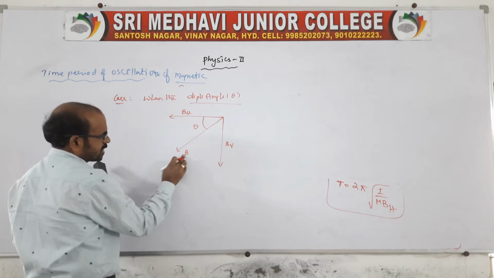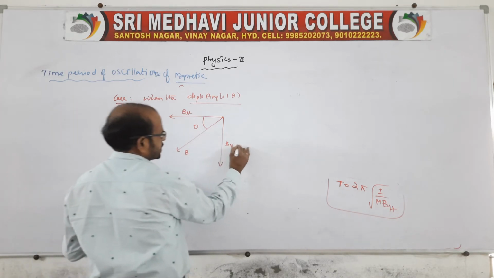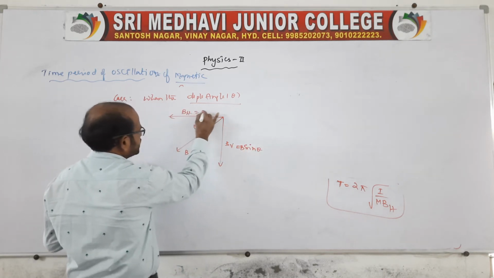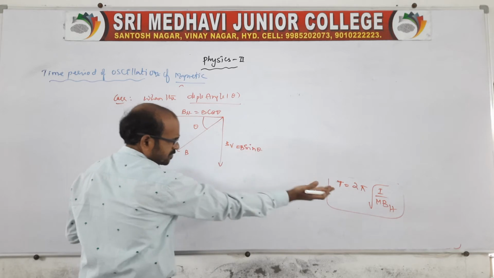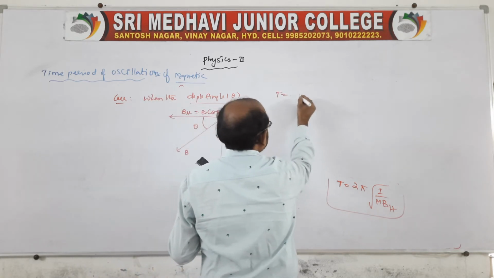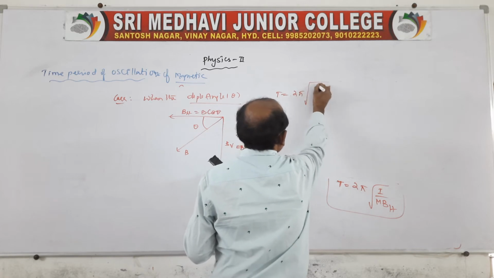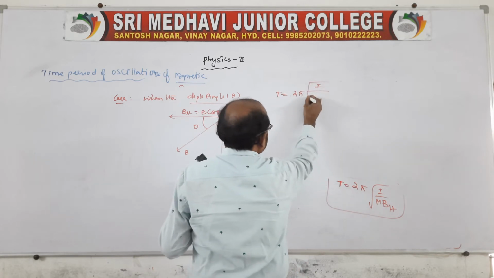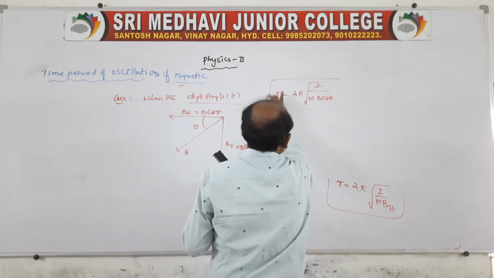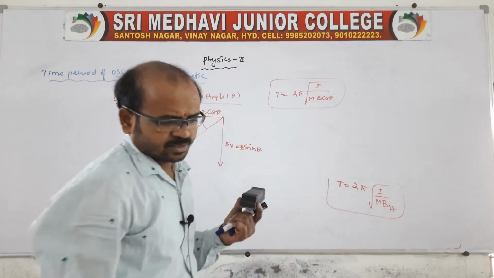B can be resolved into two components: BV is B sin theta, and BH is B cos theta. In terms of dip angle, the time period is 2 pi into root over I by M into B cos theta. Clear?